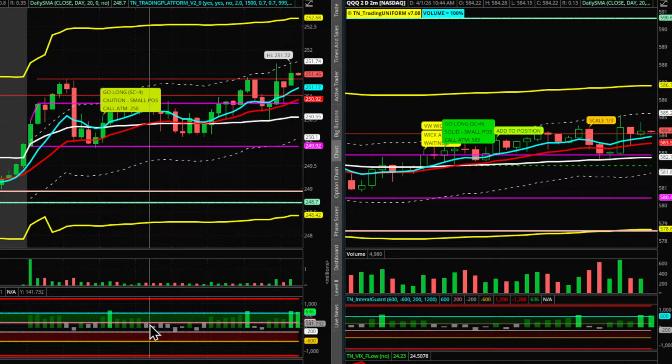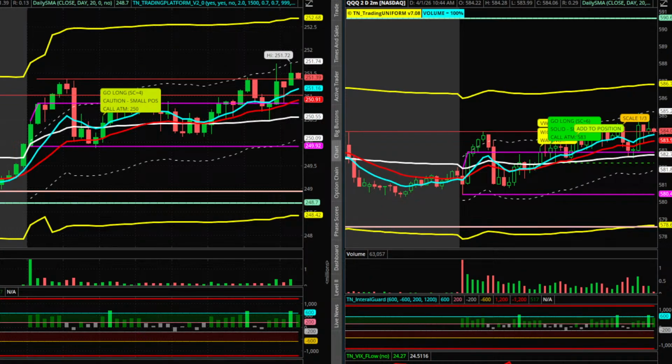That's still very green. This is a really good signal, the system fired here, IWM.